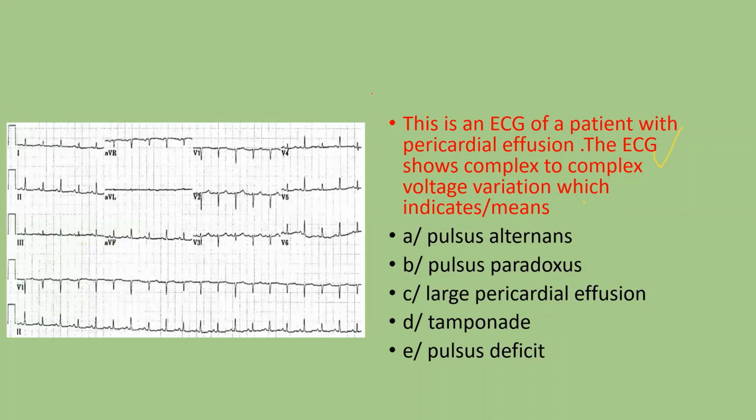The ECG shows complex to complex voltage variation, which indicates what: pulsus alternans, pulsus paradoxus, large pericardial effusion, tamponade, pulsus deficit? Large pericardial effusion. Okay. Come on. This is electrical alternans. Exactly. So why not pulsus alternans?